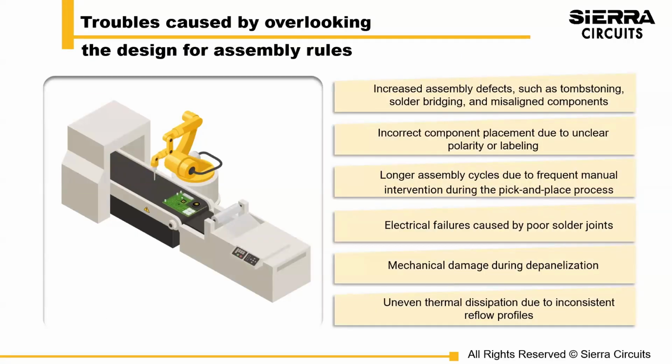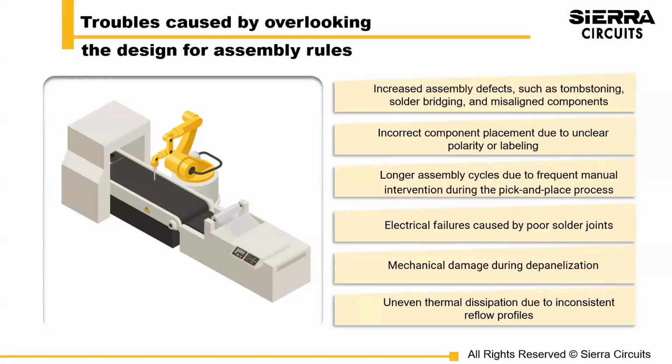Let's just discuss the troubles caused by overlooking the design for assembly rules. The first one is that when DFA rules are overlooked, you'll see assembly issues like tombstoning, solder bridging, or component misalignment. Incorrect component placement often happens when polarity markings are not clear enough.